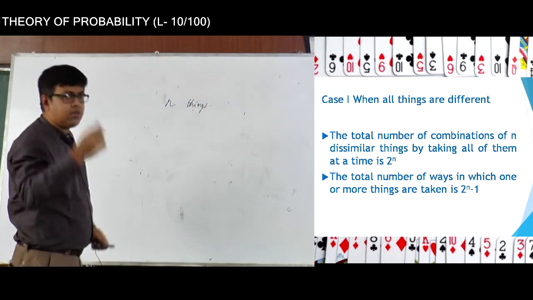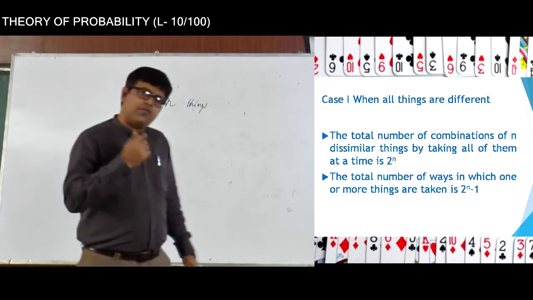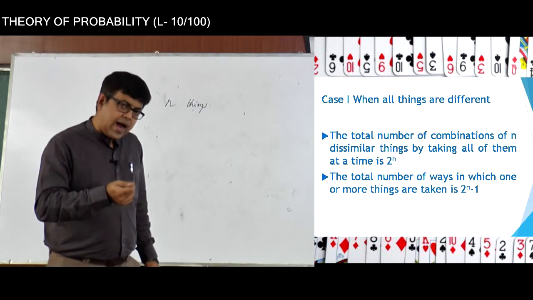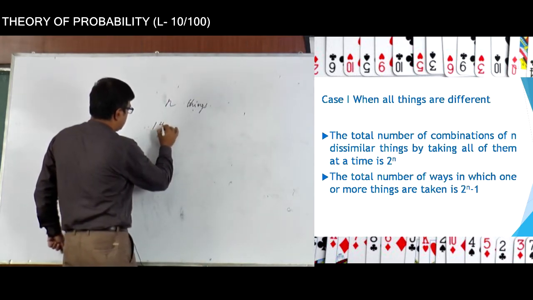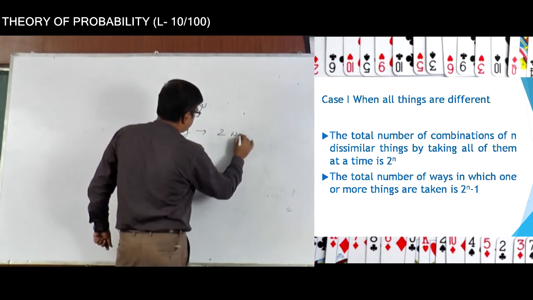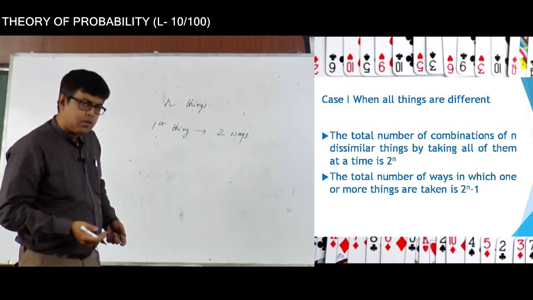If you look at the first thing, you can either select it or reject it. That means the first thing can be disposed in how many ways? In two ways. That is, either you select it or you reject it.